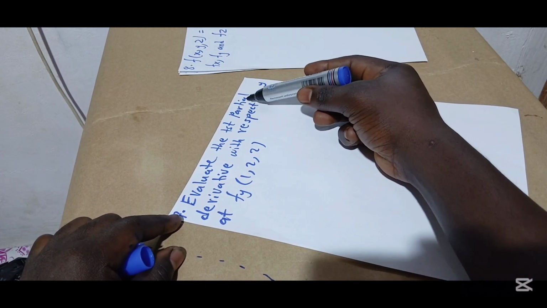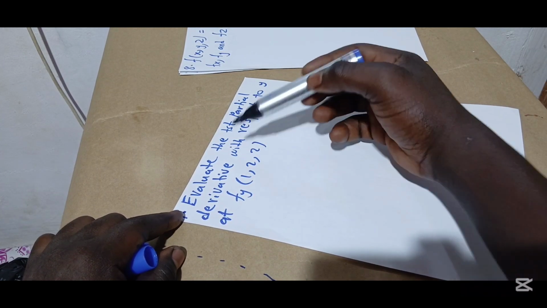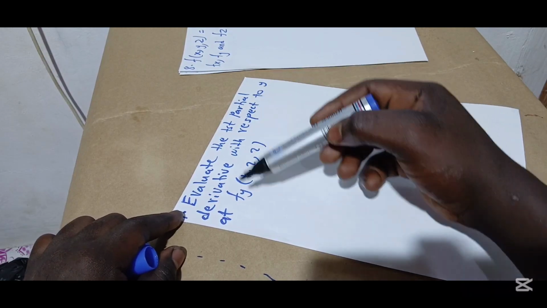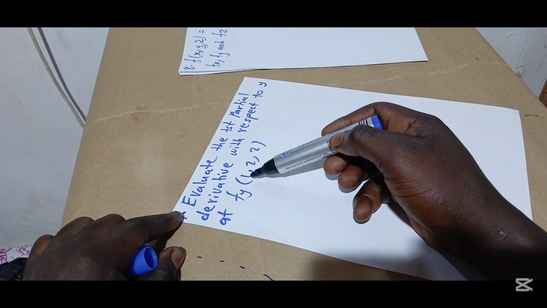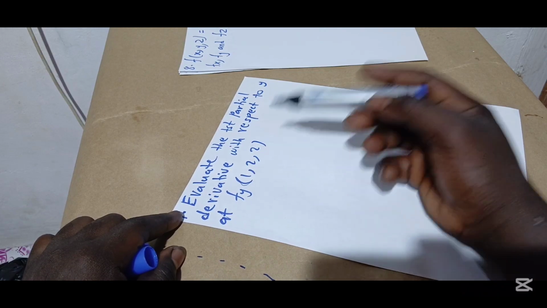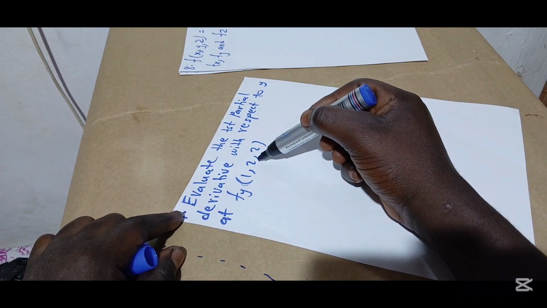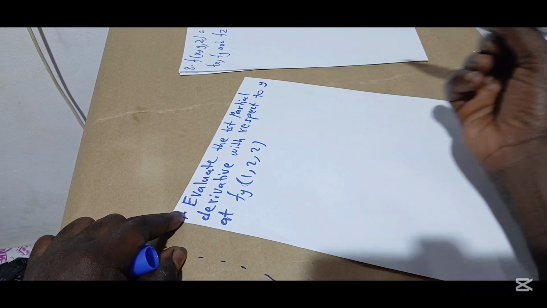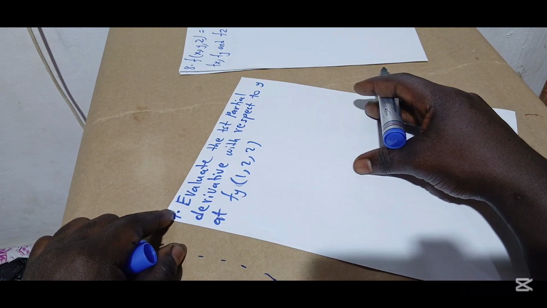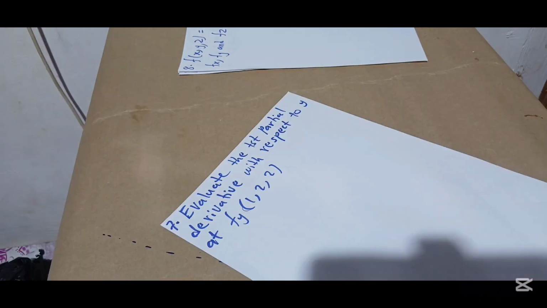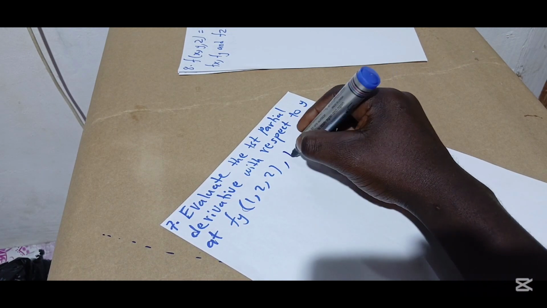Evaluate the first partial derivative with respect to y, fy, at 1, 2, 2. Before that, let me give you the function.